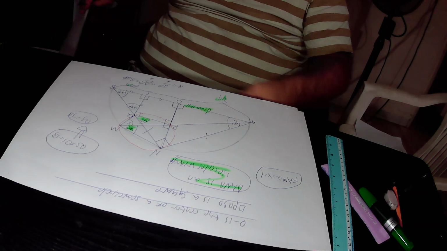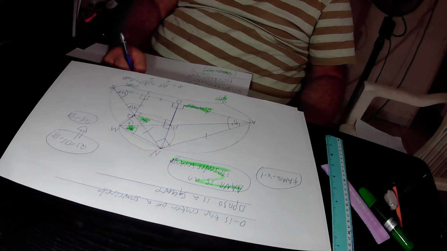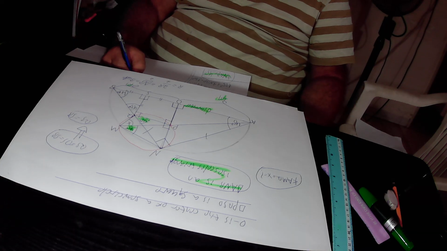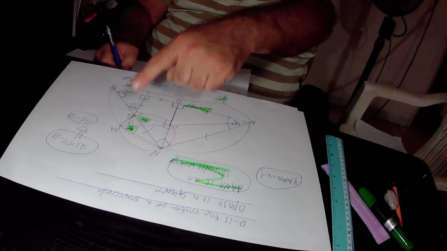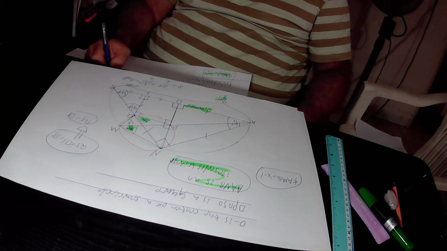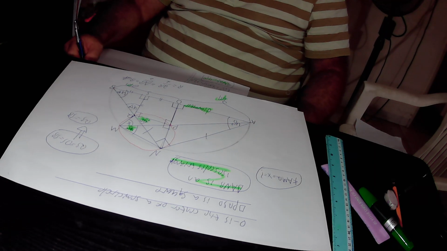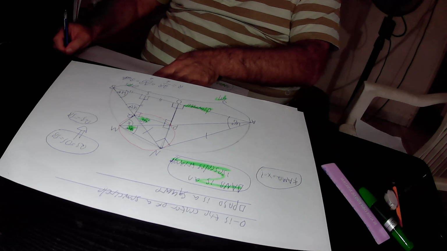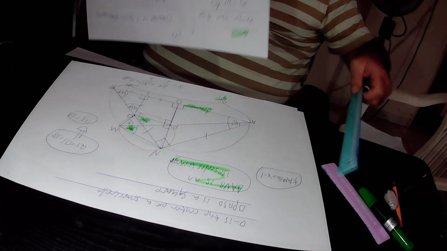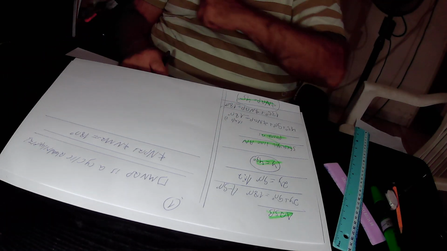This is angle NPQ in quadrilateral NMQP plus the opposite angle NMQ. In total, the sum of those two opposite angles must be equal to 180 degrees. And again, in the cyclic quadrilateral NMQP, the sum of its two opposite angles equals 180 degrees.